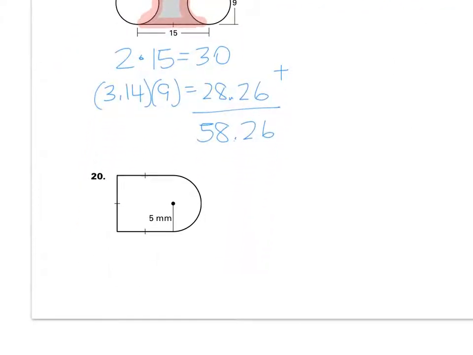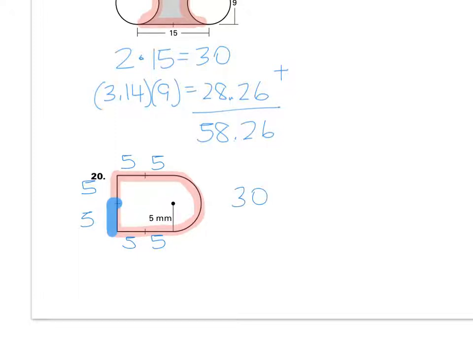And then I just add those two numbers together. And if I'm trying to find the perimeter here, think about it: from here to there is 5, 5, 5, 5, and 5. So right off the bat, I have 5, 10, 15, 20, 25, 30.